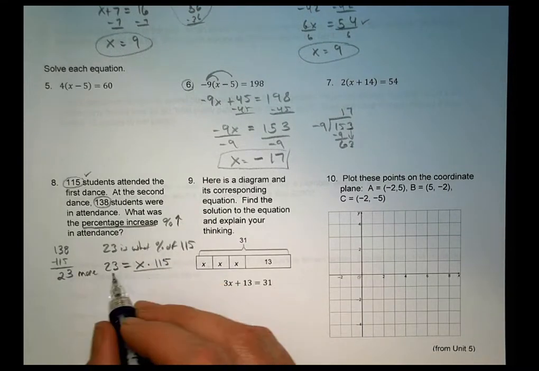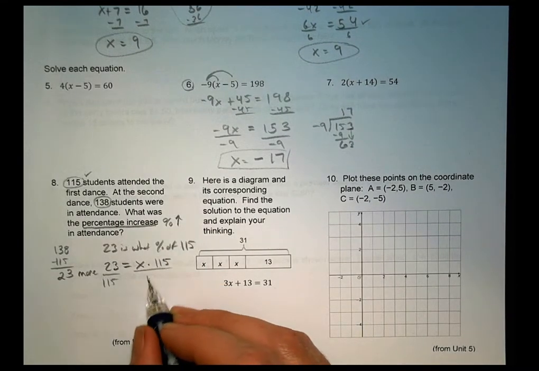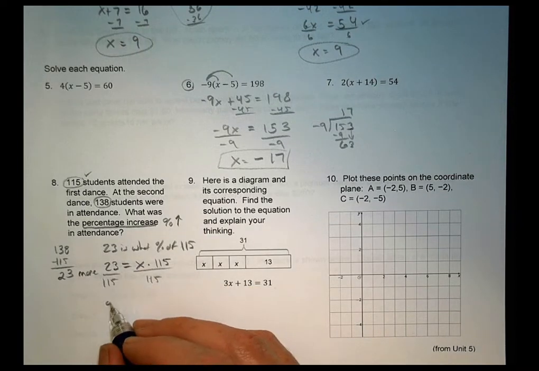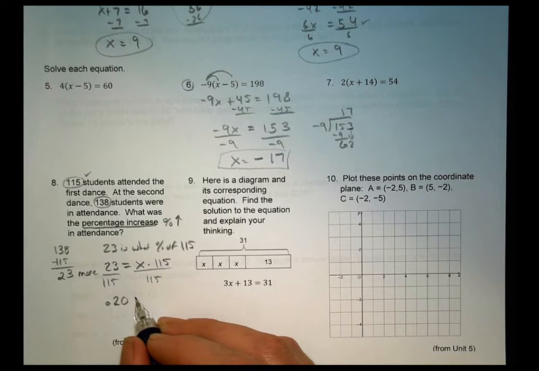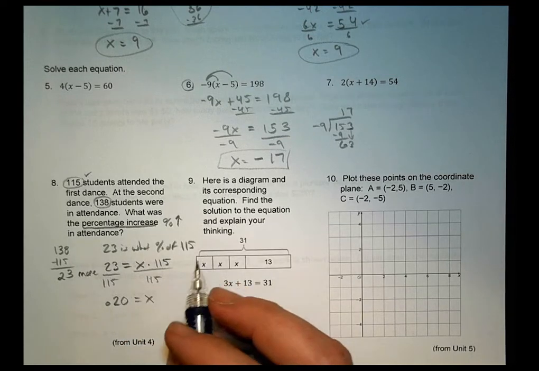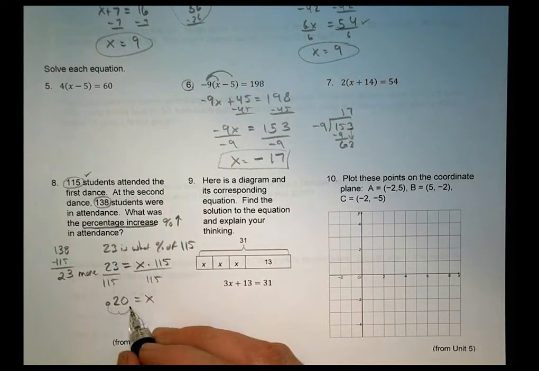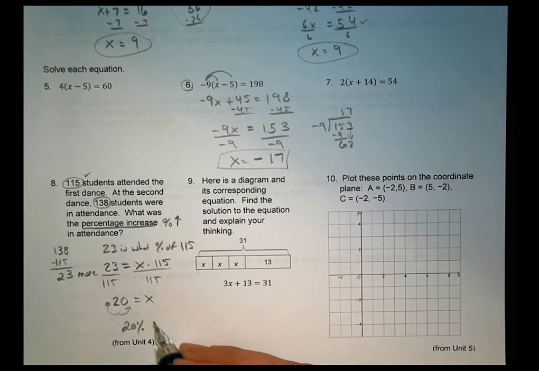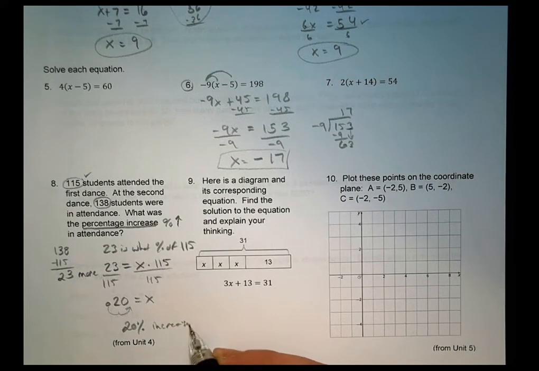So to solve for x, I divide both sides by 115. And 23 divided by 115 is actually 0.20. Now we want to turn it into a percentage, so I move the decimal over 2 spaces, and we would say it's a 20% increase. And that's how you solve that one.